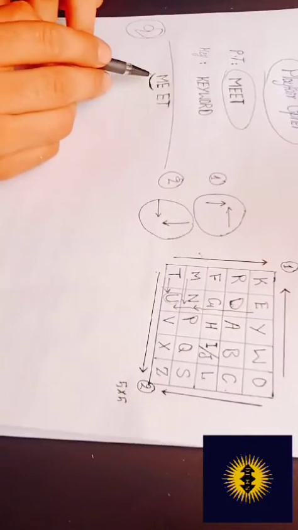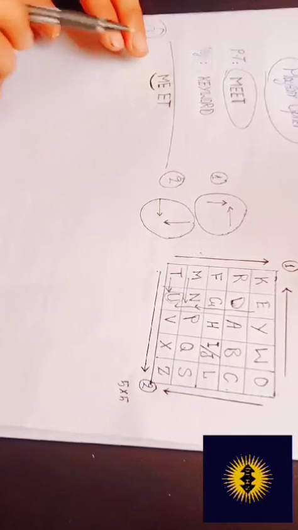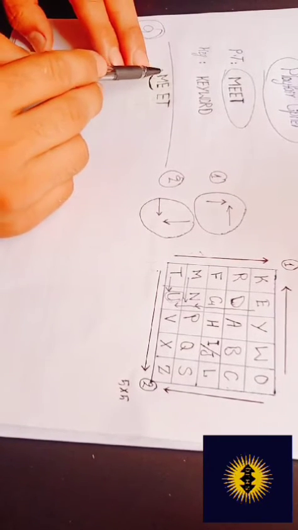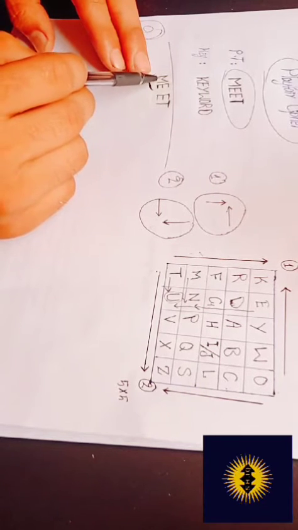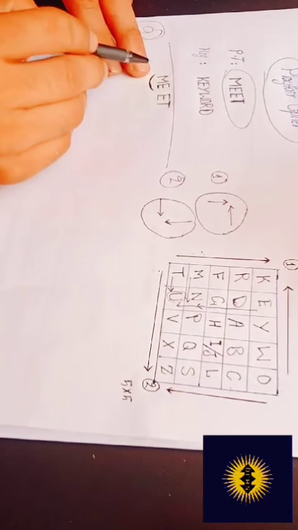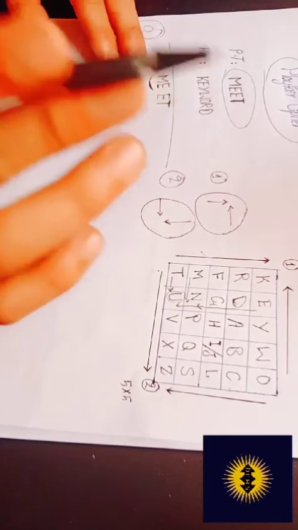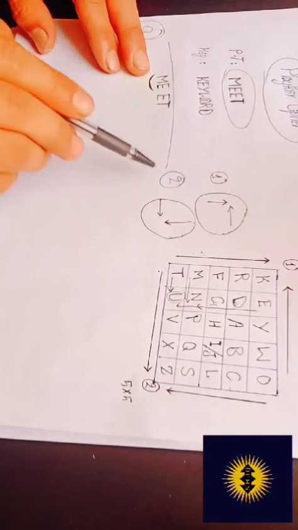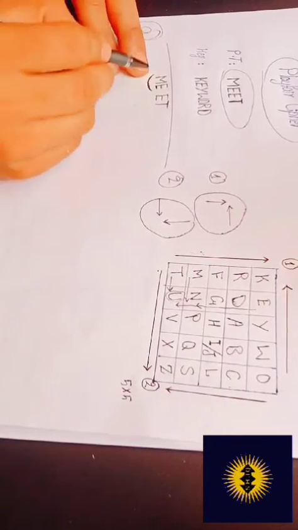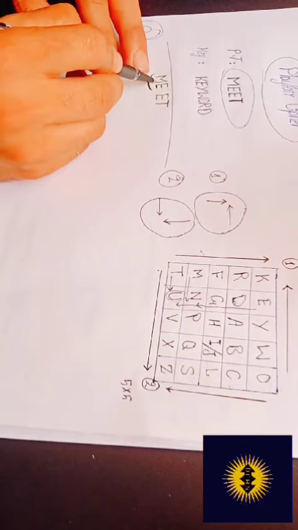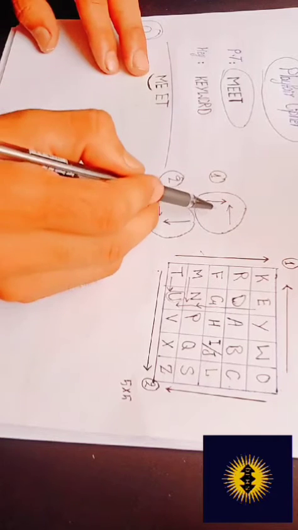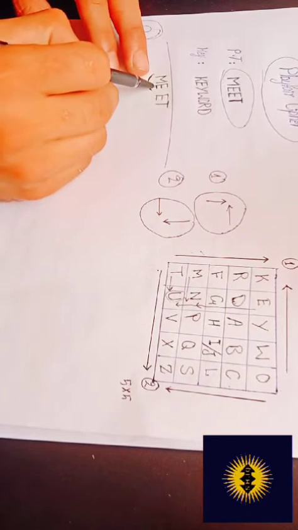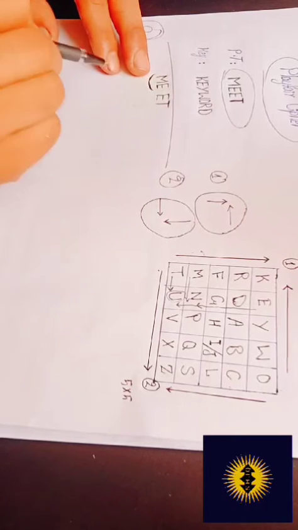For finding these letters, we have to follow two main rules. For finding the first letter of the pair, we have to follow the first rule. For finding the second letter of our pair, we have to follow the second rule.